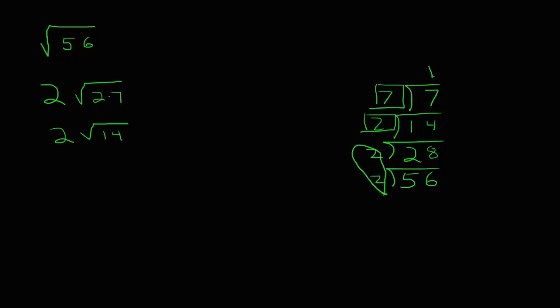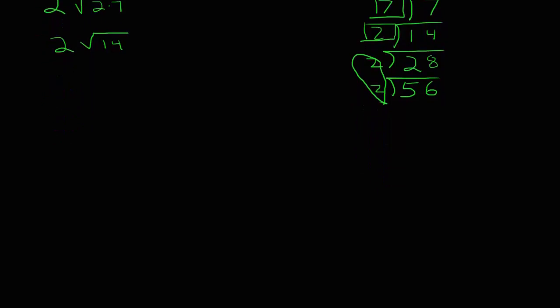Now we can also do even more complicated numbers, something like the square root of 1,260. Big scary number, but if we just prime factor it, we should be okay and see what happens with our pairs.